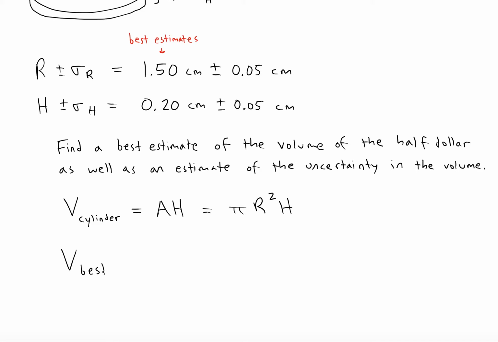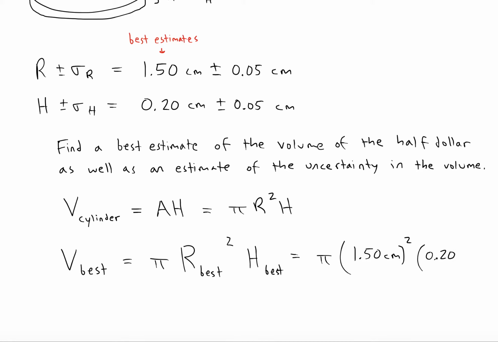When we're finding the best estimate of the volume, we just want to plug in the best estimate of the radius and the best estimate of the height. Simple as that. So we'll do pi times 1.5 squared times 0.2.